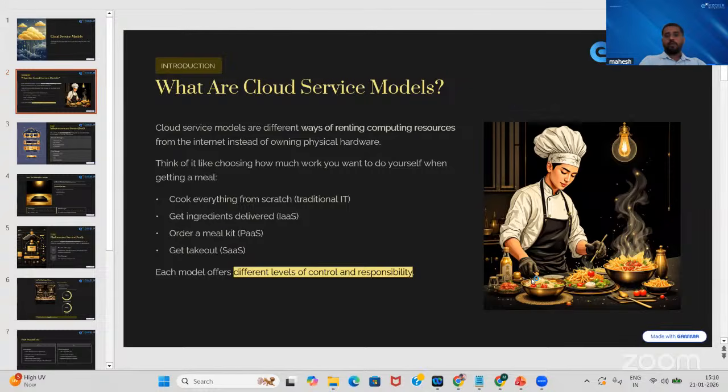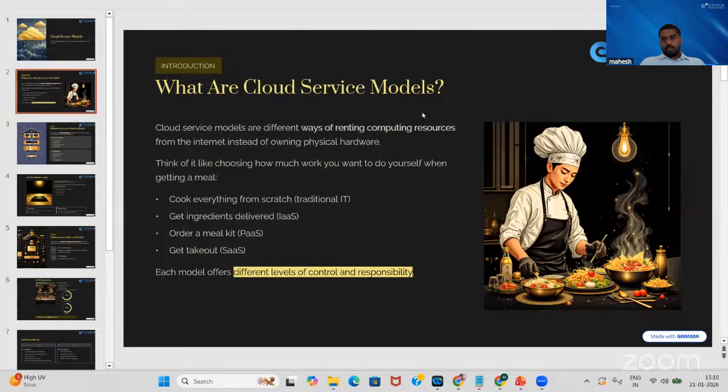In order to help you understand the cloud service models clearly, I have kept a good example here. Let us assume that you are making some dishes, thinking of it like choosing how much you want to do yourself when getting a meal. Whenever you manage everything from your side, I have already explained the main differences between on-premises infrastructure and cloud infrastructure.